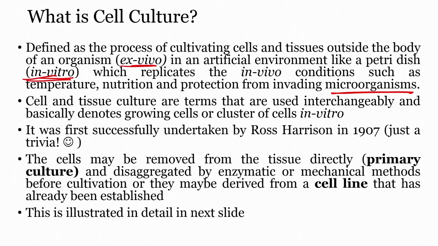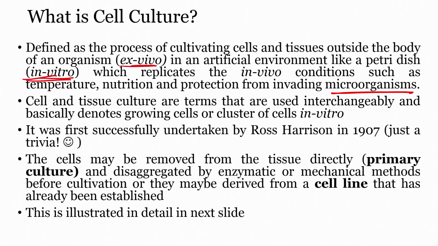Cell culture and tissue culture are terms that are used interchangeably and basically denote growing cells or clusters of cells in vitro. You take a cell, load it in a petri dish with a particular media, and it will start growing.